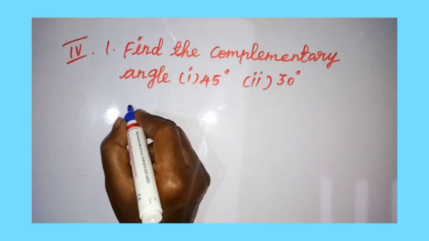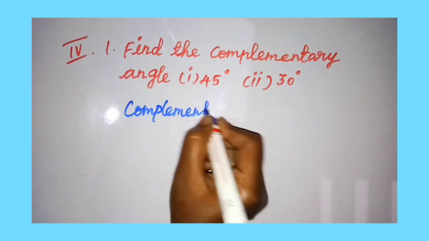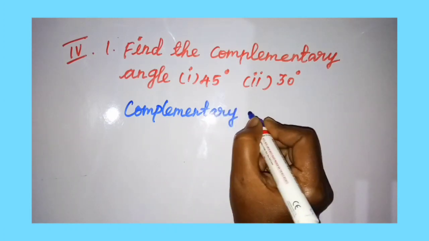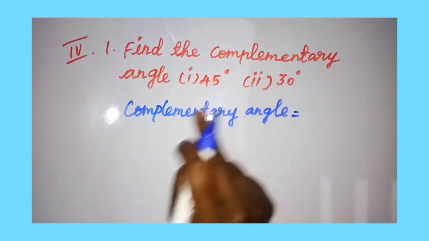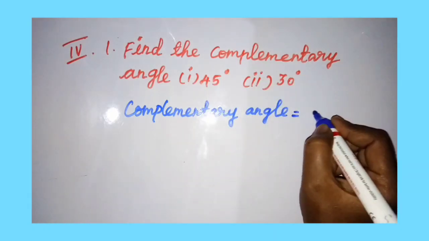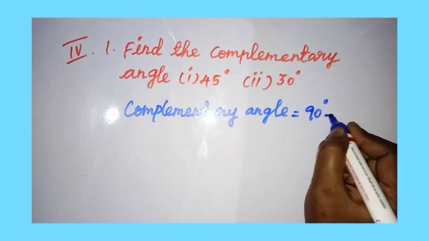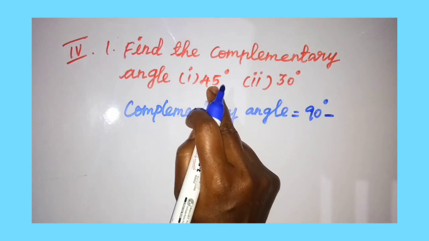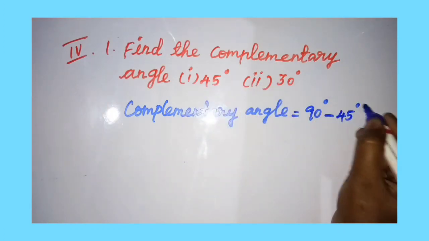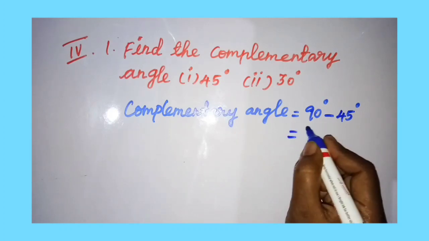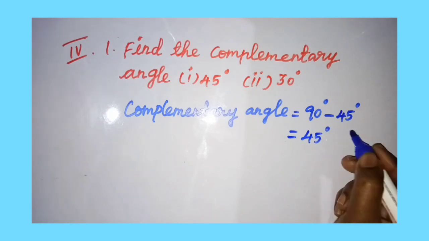So first we write complementary angle is equal to 90 degrees, the complementary angle value, minus the first value, 45 degrees. So 90 minus 45 degrees means we get 45 degrees.